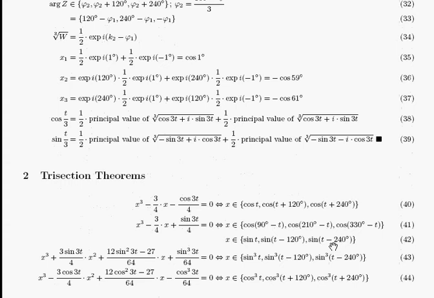And they cannot be reducible. They are algebraical numbers. So the cosine of 1 degree, the sine of 1 degree are algebraical numbers, because no, they are not algebraical numbers, because the cosine of 3t is not algebraical number, is?